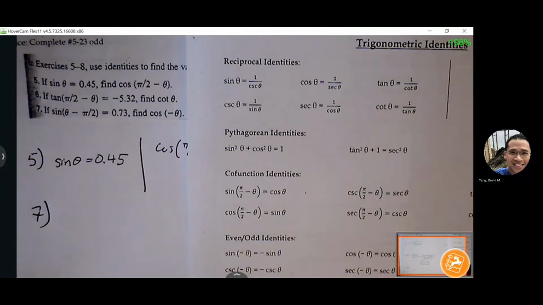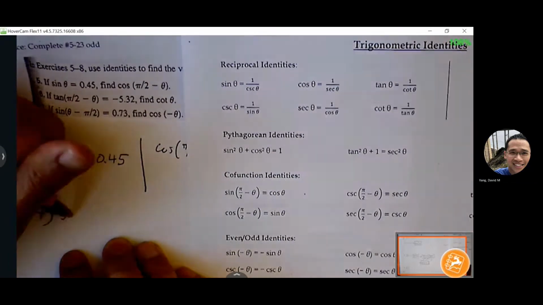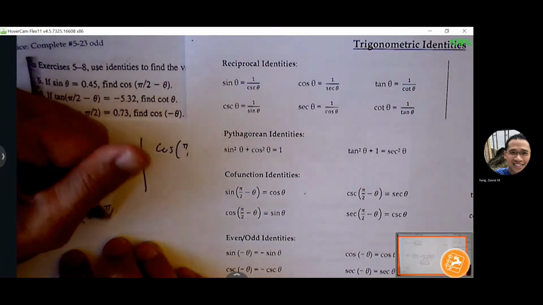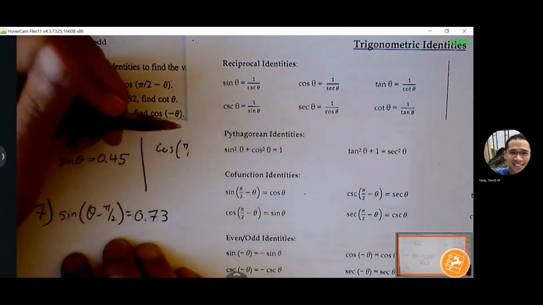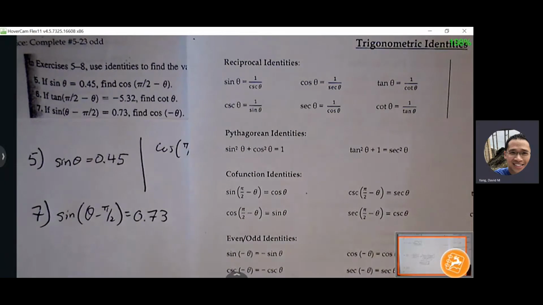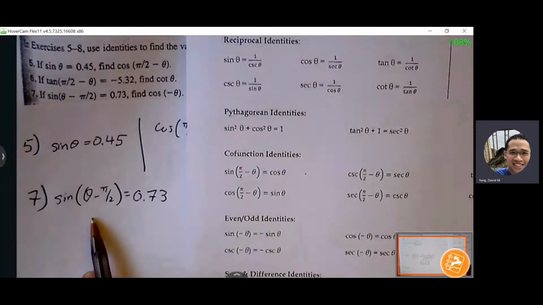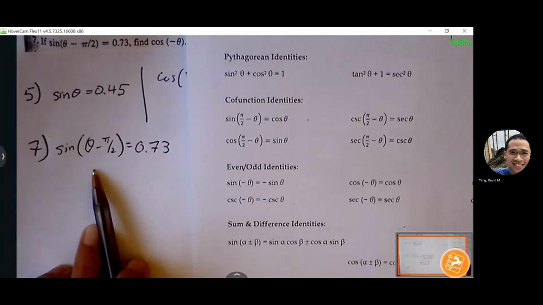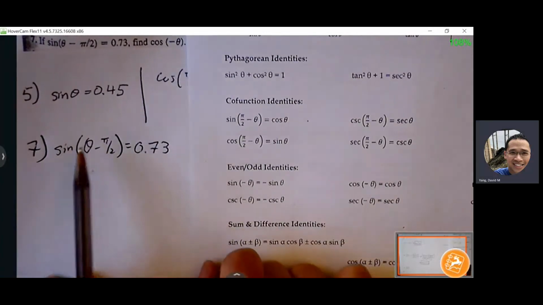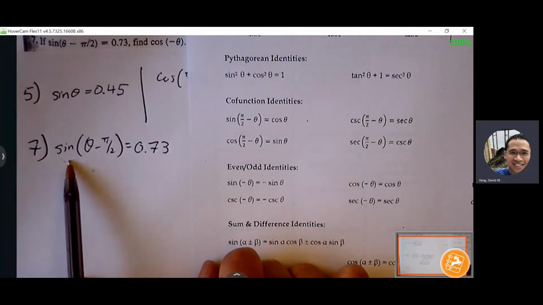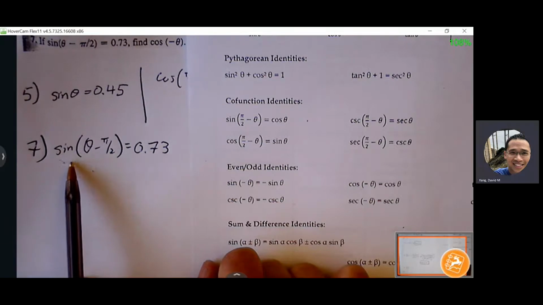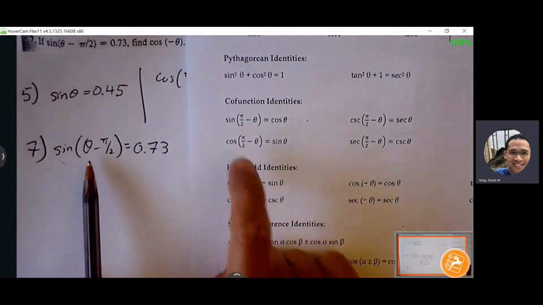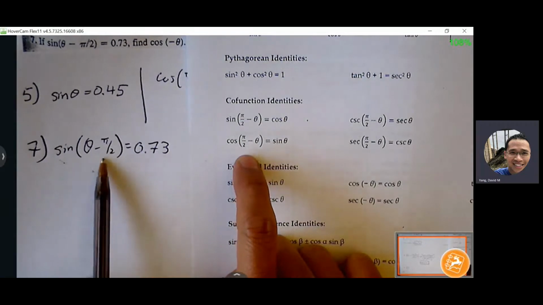Okay, number 7. Sine of theta minus pi over 2. Something's a little bit off about this. Do you notice anything off about this? Do we see an identity that looks like this? Close, except these are in opposite spaces.